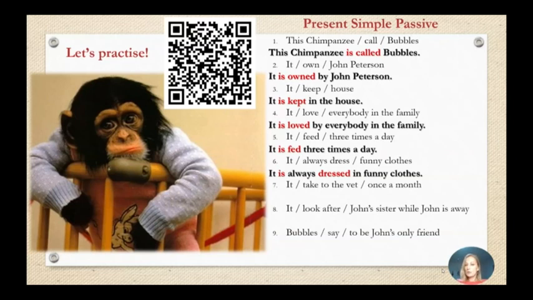We see that always, the frequency adverb, goes after the verb to be. It is always dressed. The 7th one. It is taken to the vet once a month. Taken is the past participle of take.